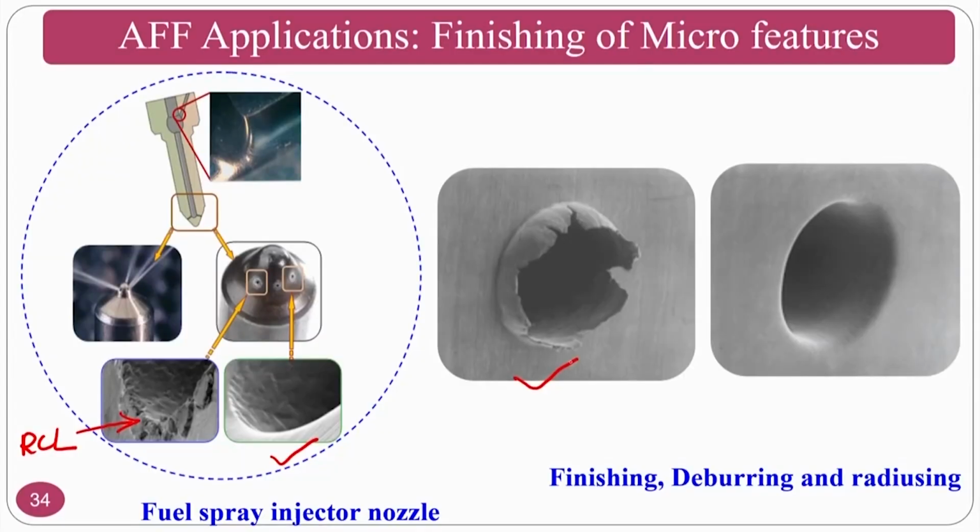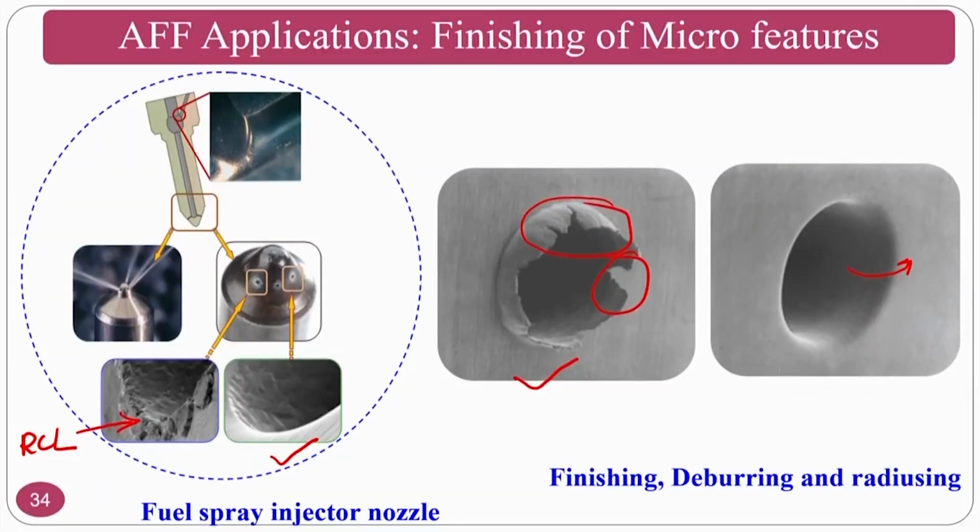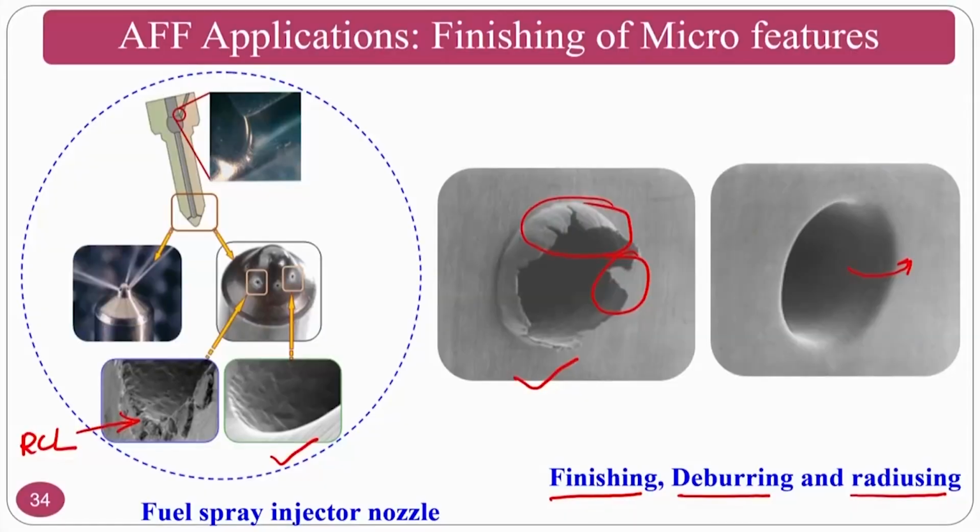Whenever you do the drilling operation, at the edge on the bottom side you get this type of burr. If you remove it by the abrasive flow finishing medium with a low viscous medium, you will not only remove these burrs, but also get radiusing. So, two things to understand here: the finishing of the micro hole is done, and at the same time deburring and radiusing are also done. This is the most beautiful thing about the abrasive flow finishing process.